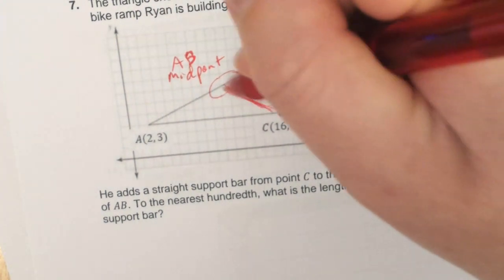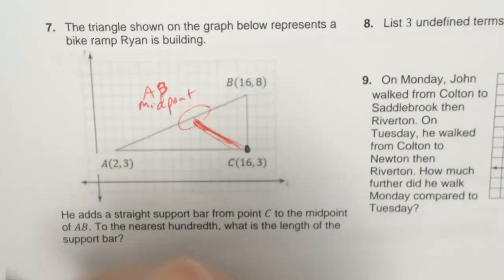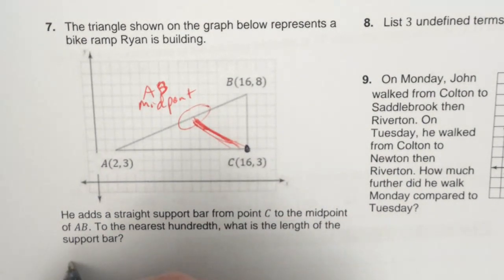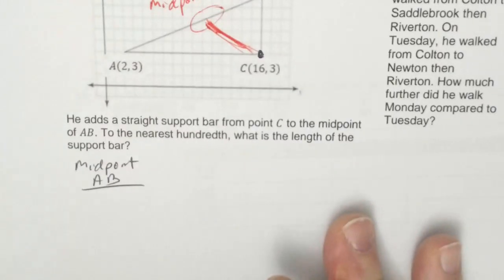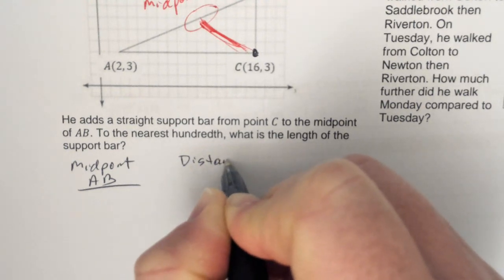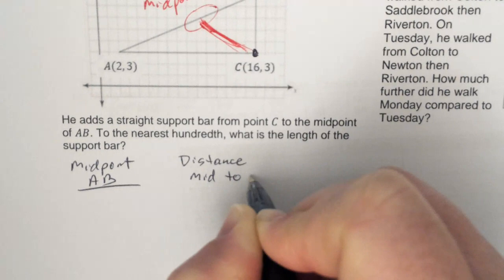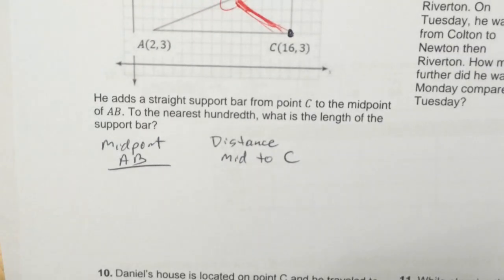So I want to find this distance. So in order to find that length, I need to find the midpoint of A to B. That's the first thing. Then I need to find the distance from that midpoint to C. All right, so let's go find that midpoint.